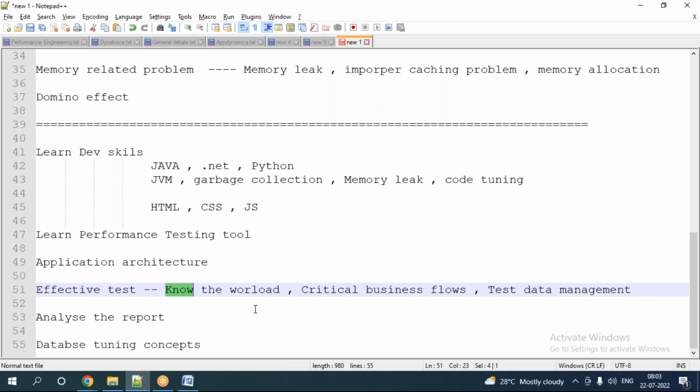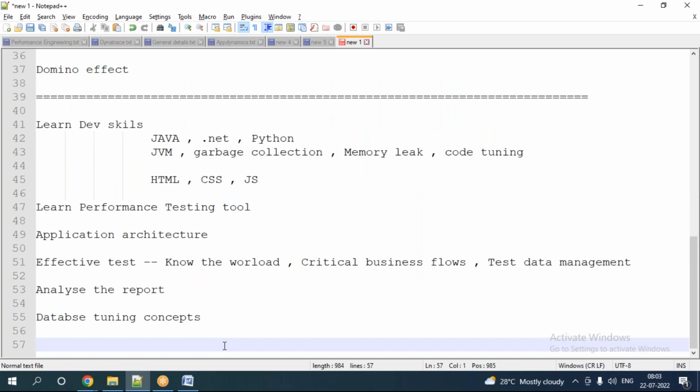An effective workload can be designed using Little's Law. You should also know log analysis. If somebody shares the error log, access log, or your application log, you should be in a position to analyze it and provide your own workload-related information. That is also important. And then learn a monitoring tool.